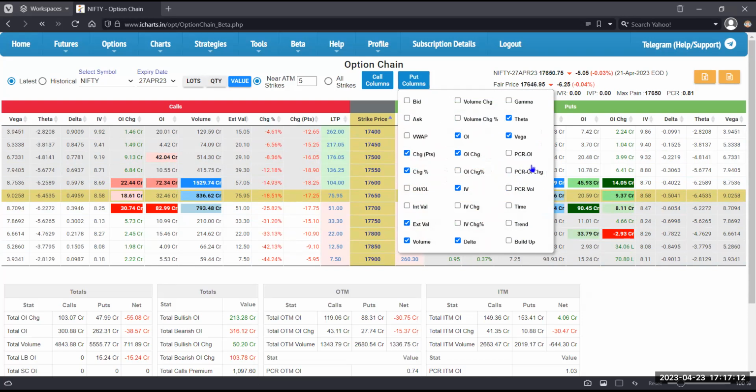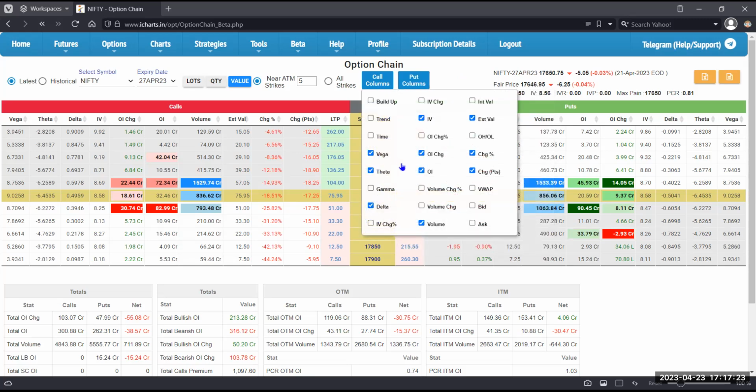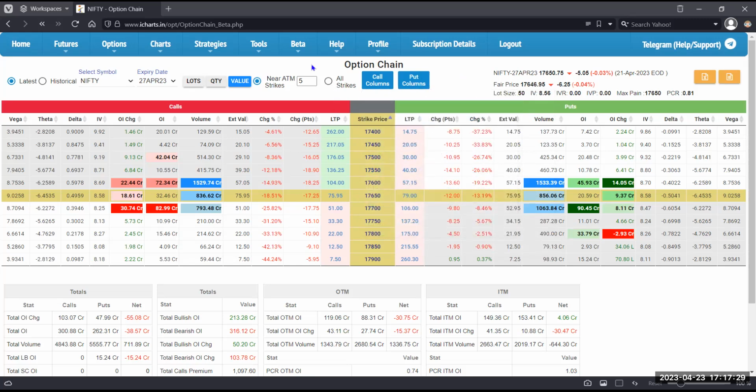These are there only on the put side, so you can enable this. And one additional thing is open high, open low also. This also is going to be there on both sides. You can check which of these options have opened at high or at low. So you would know that. So this is about the columns.